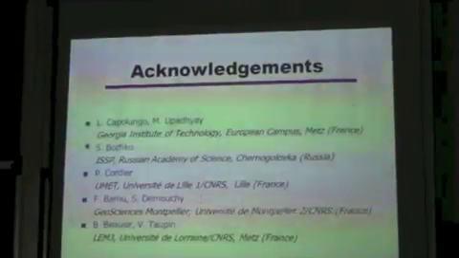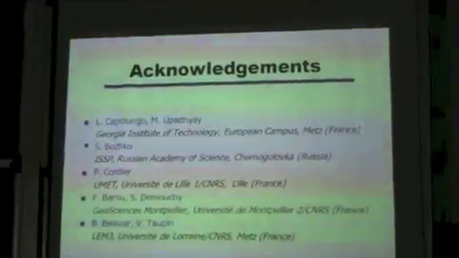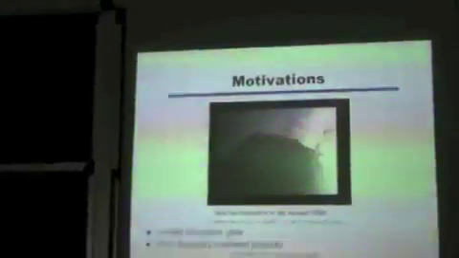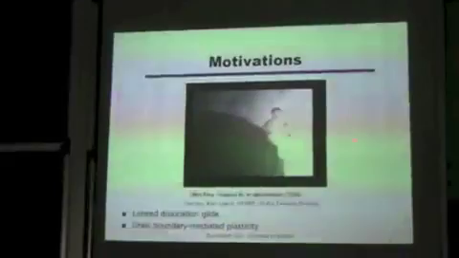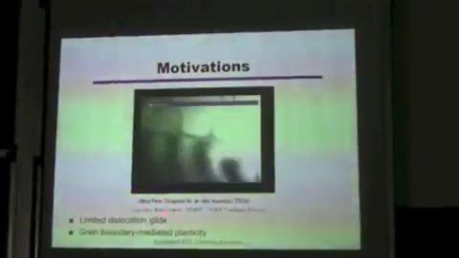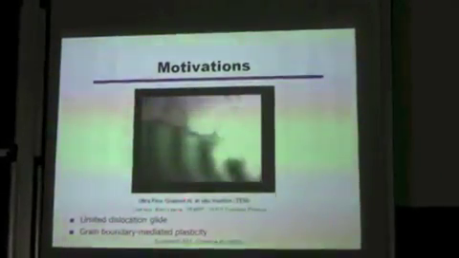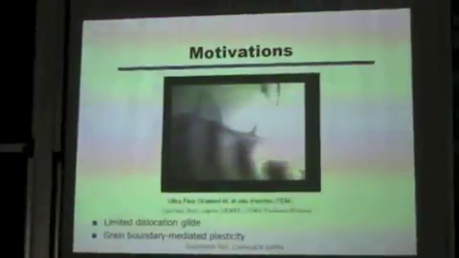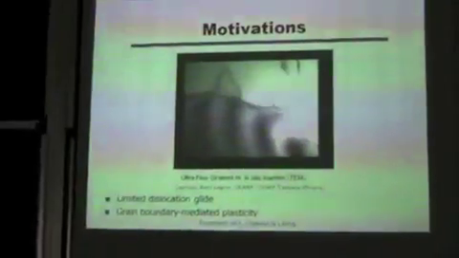I would like first to acknowledge the work of my colleagues who all contributed to the work I will be presenting here. So the motivations are illustrated here. This is an ultrafine grain material, aluminum, and it's an in situ reaction in a transmission electron microscope.